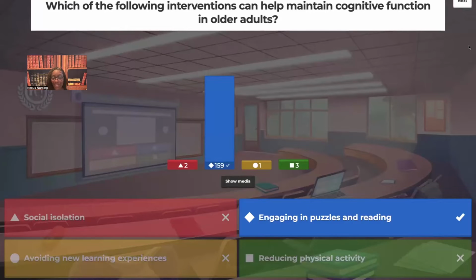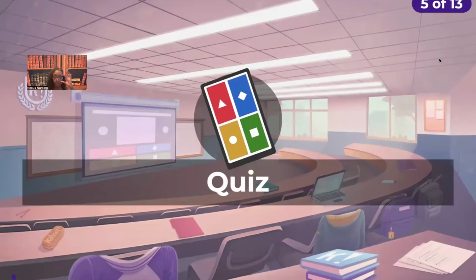Very good. Engaging in puzzles and reading. That mental stimulation, guys, helps decrease the risk of things like dementia, and it helps decrease the risk of cognitive decline. So we want to keep that patient mentally stimulated.